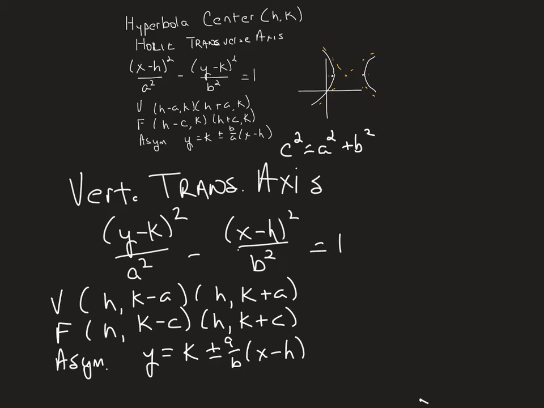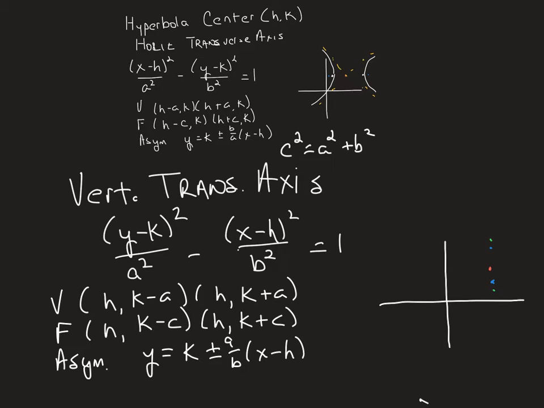So if we were going to graph this, if our center is (h, k), this time our vertices are going to be, the h is going to stay the same, and we're going to have (h, k minus a), (h, k plus a), and then we could graph our foci, (h, k minus c), (h, k plus c).